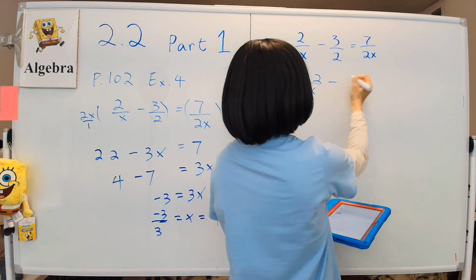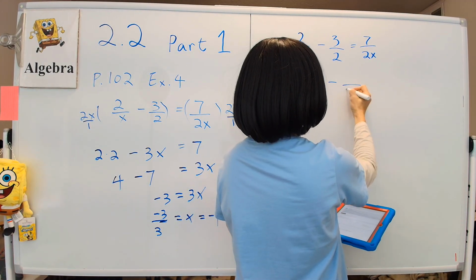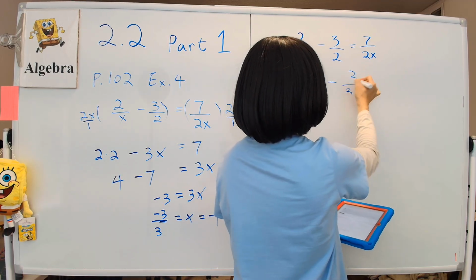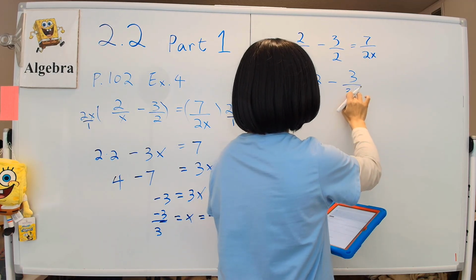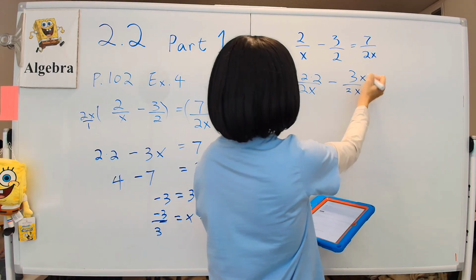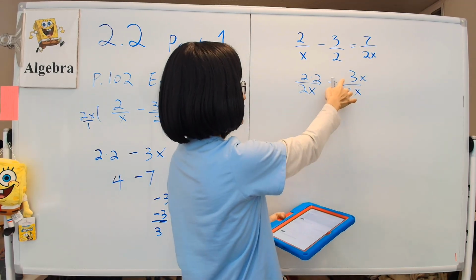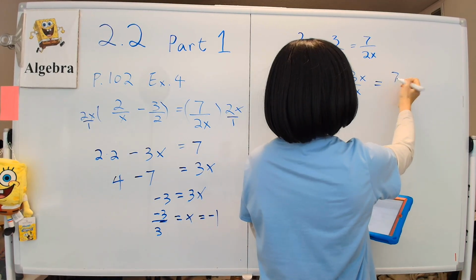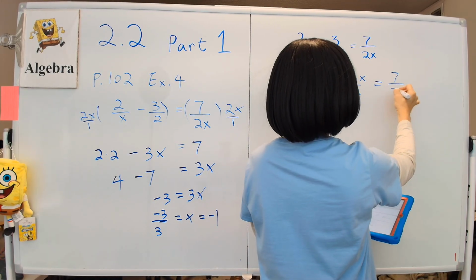And then here, we need to multiply by x, so we write x there too, because this is the same as that. And the last term, we don't have to do anything because it already has 2x on the bottom.